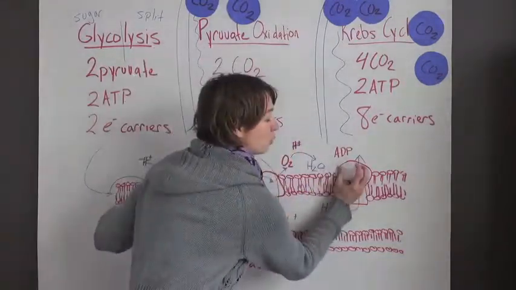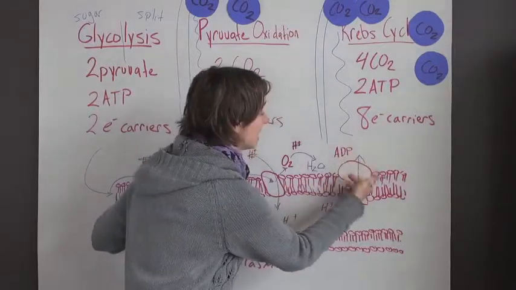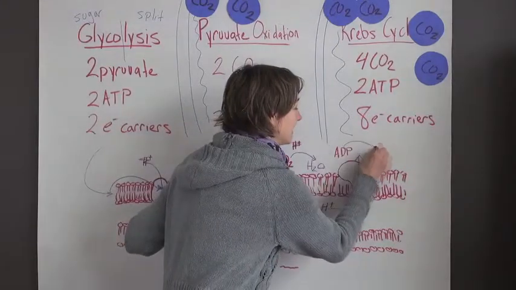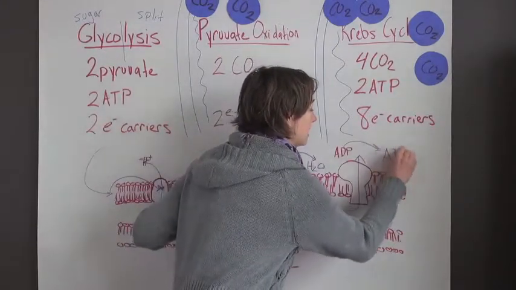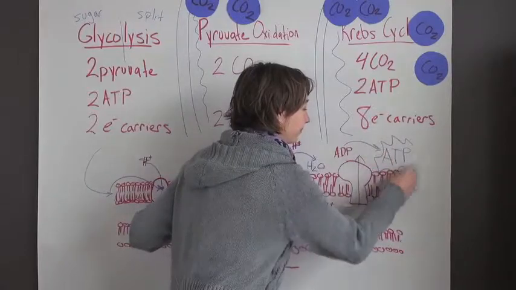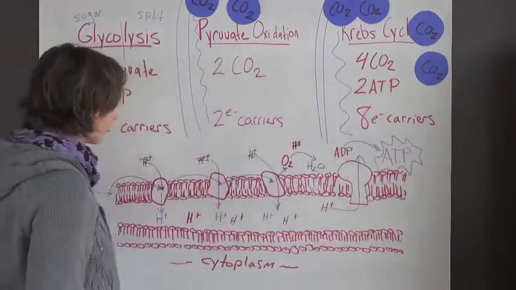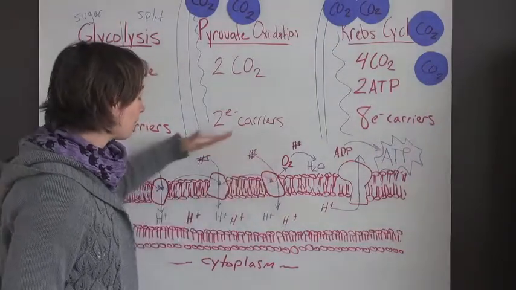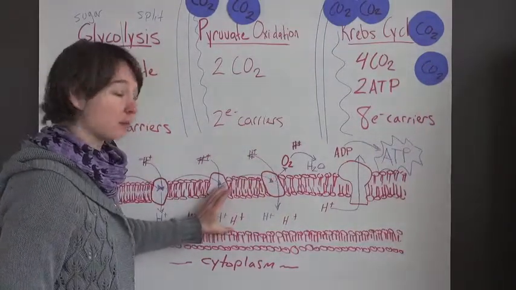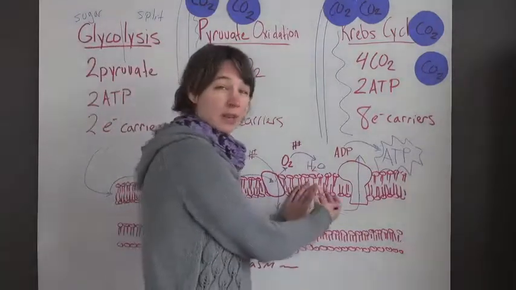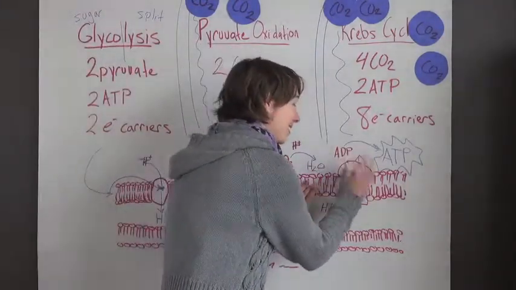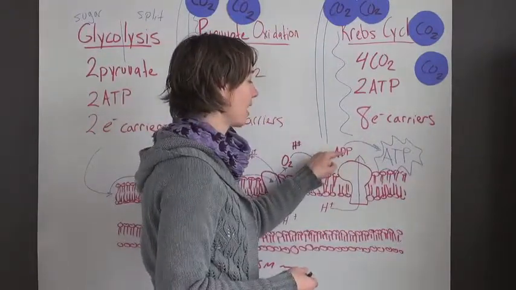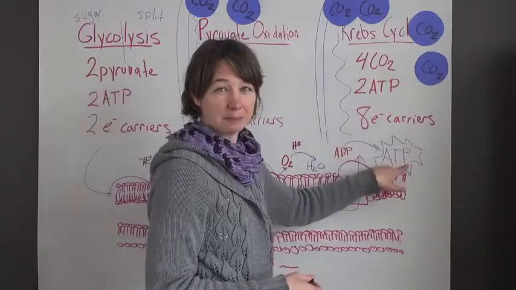So this molecule rotates, the ATP synthase rotates, and when it does that, it creates enough energy to turn ADP into ATP, which is what we want. So the electron carriers passing their electrons along the electron transport chain pumps hydrogens in between the membranes of the mitochondria, which creates a pressure gradient, which allows this ATP synthase molecule to turn and connect phosphorus onto ADP, making ATP.